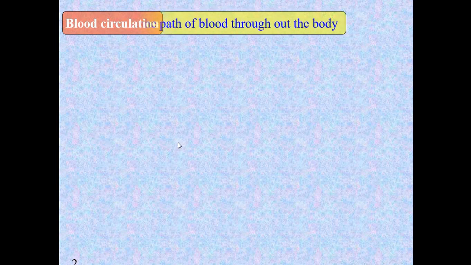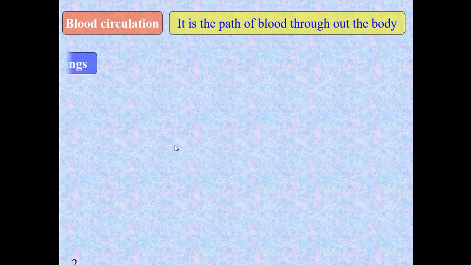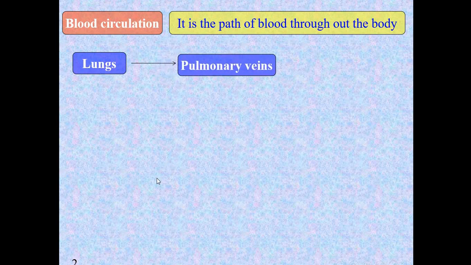Here, the blood circulation is the path of the blood throughout the body. It starts from the lung when we breathe, or when we inhale, take air.